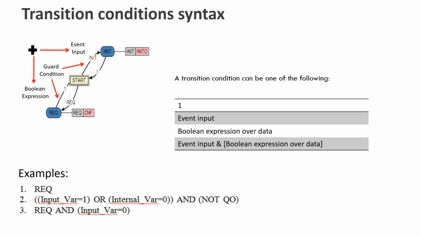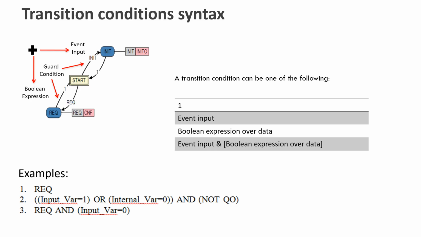It could have an event input name, only one event input name, or it could be a Boolean expression over data, for example, over internal variables or input variables or output variables. Or it could have the following format: event input and then, in brackets, a Boolean expression over data. So only these four options exist for how a transition condition can look.